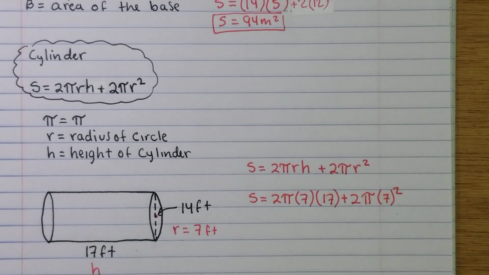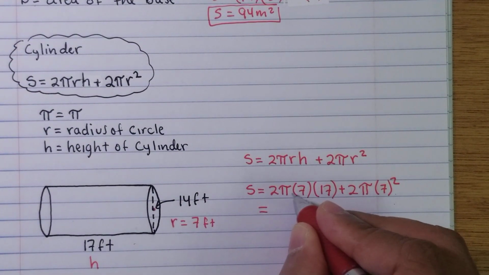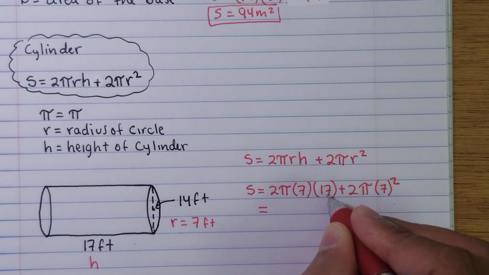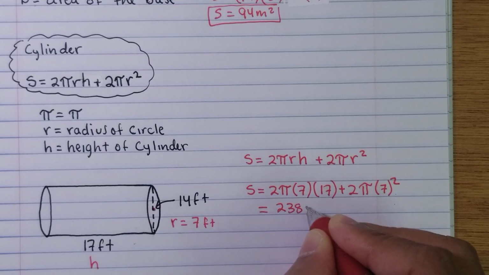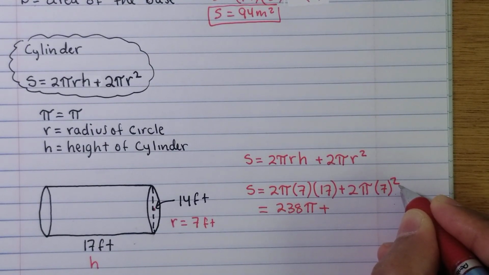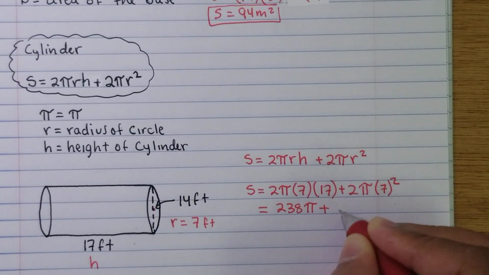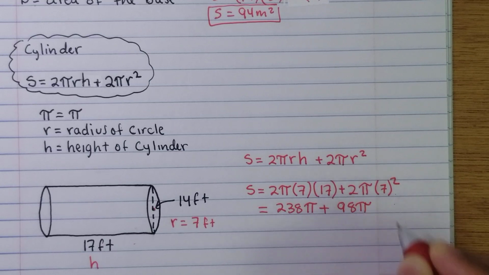Okay, so when we simplify this, this part here becomes 238 pi, plus 7 squared is 49, and 49 times 2 is 98, so this is 98 pi.